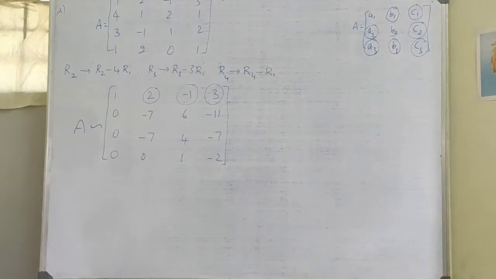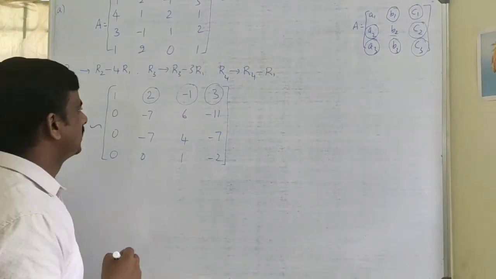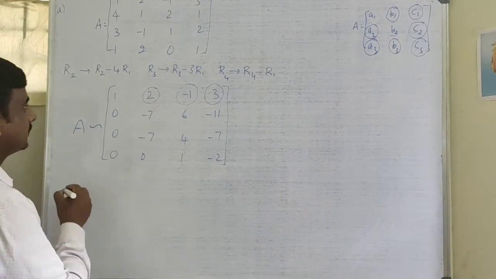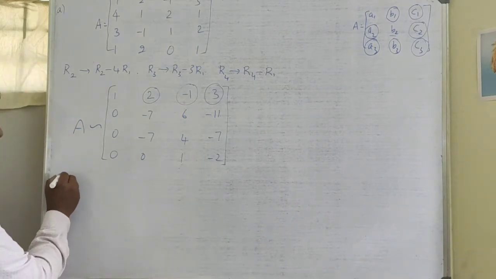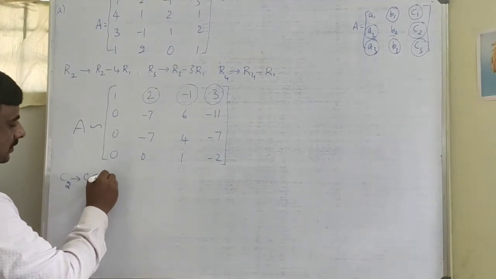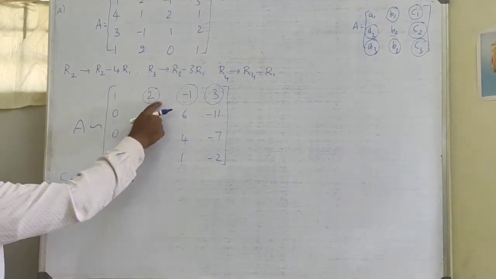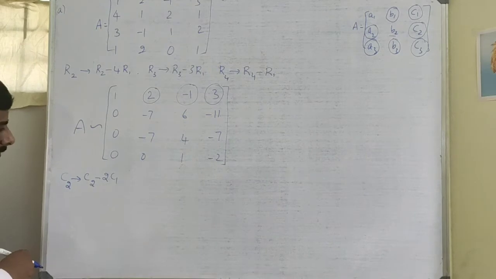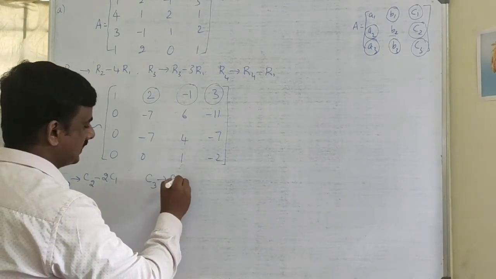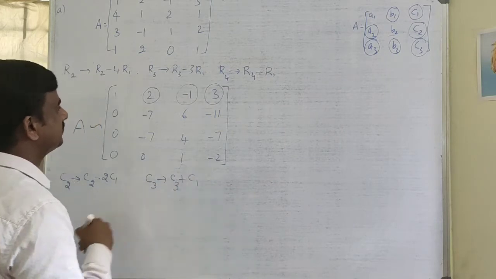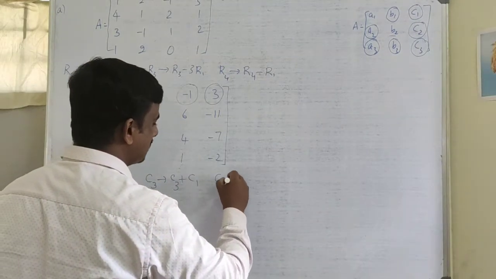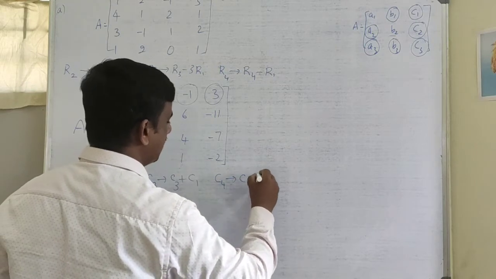So I have to apply suitable column operations. Now, applying column operations, C2 changes to C2 minus 2C1, C3 changes to C3 plus C1, and C4 changes to C4 minus 3C1.